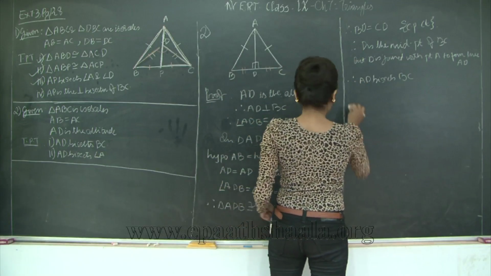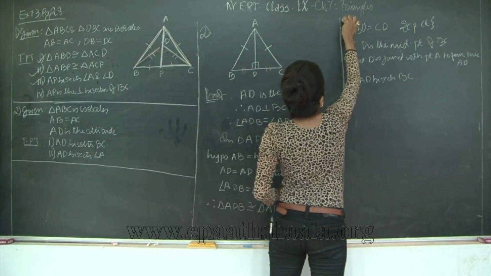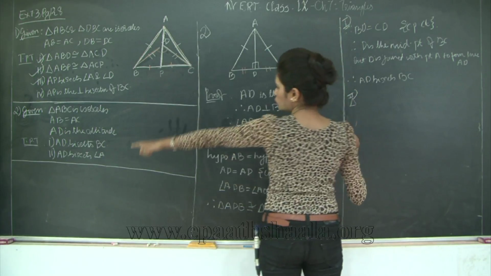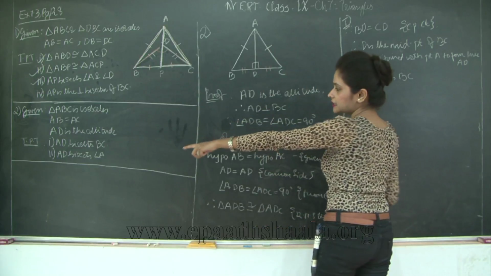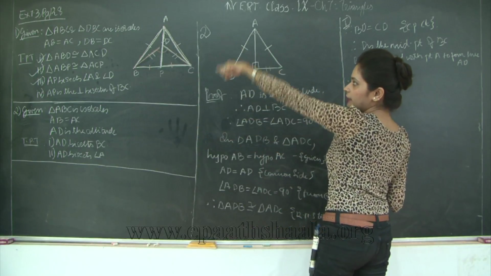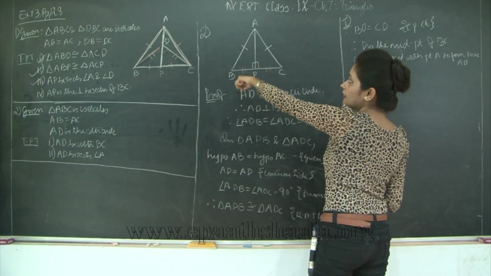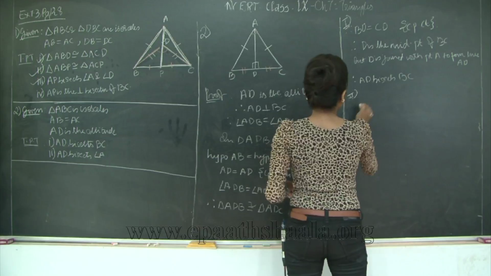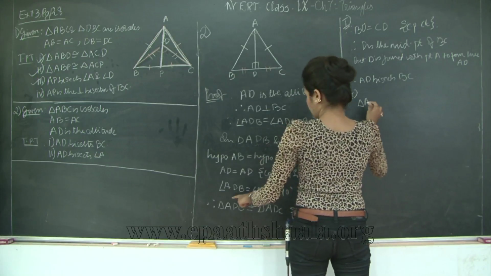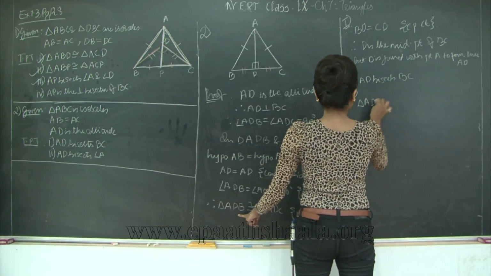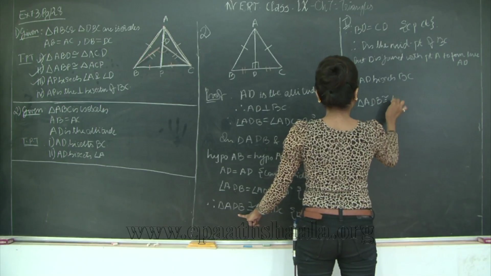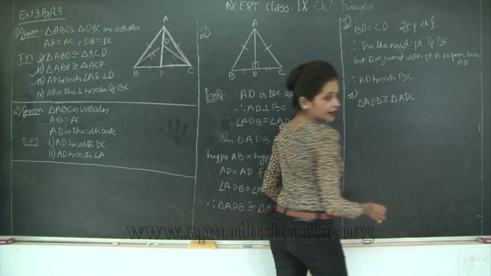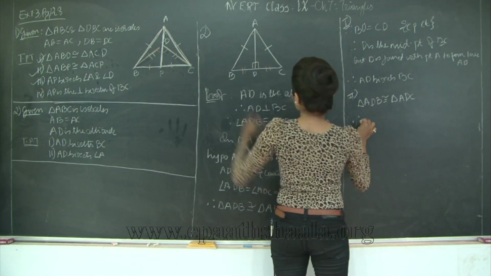So, this was one part and my second part for proving the two angles congruent, that is AD bisects angle A. That means BAD is equal to CAD, right? So, I will say triangle ADB is congruent to triangle ADC, correct? Therefore, what do I have?